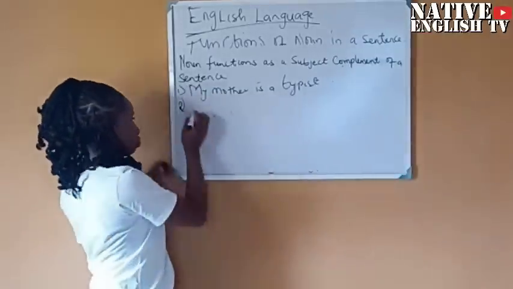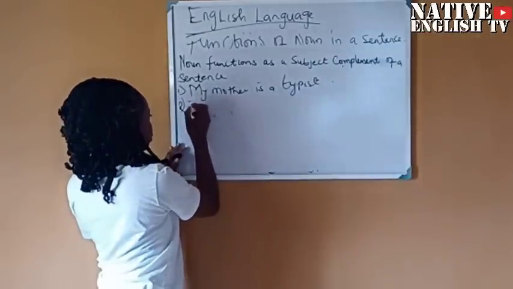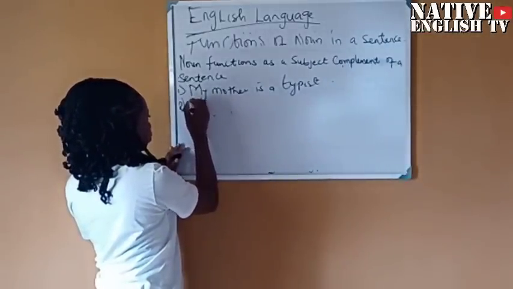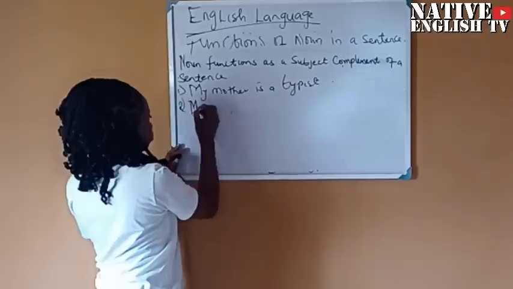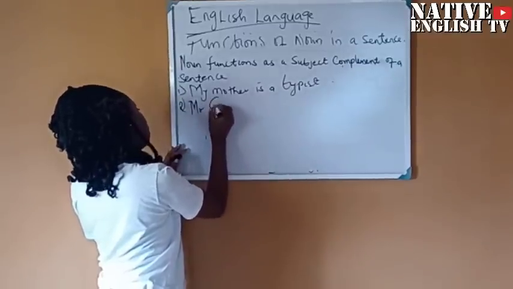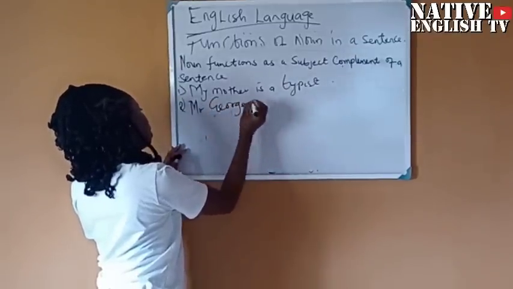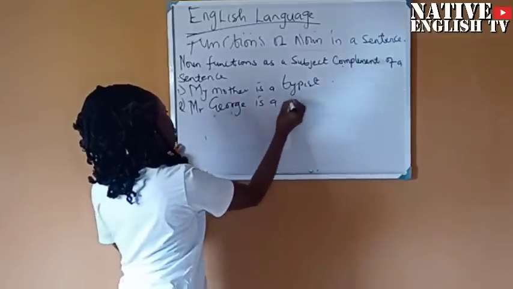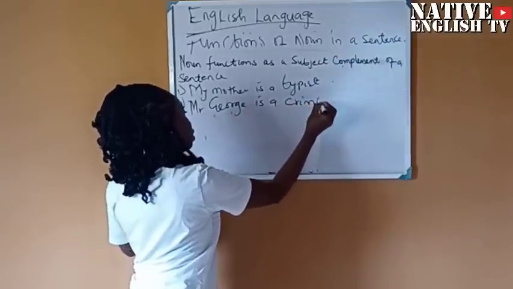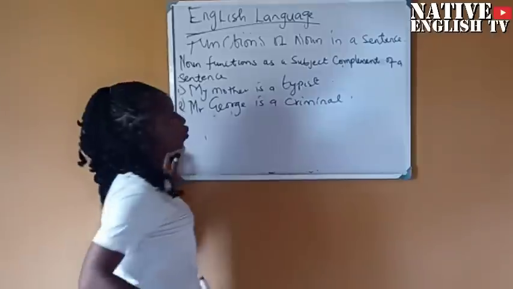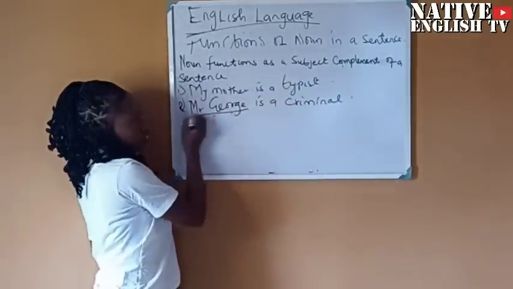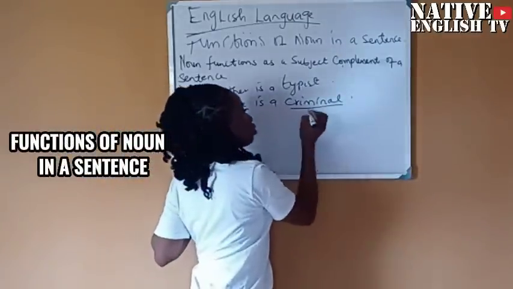Number two, Mr. Judge is a criminal. Who is a criminal? Mr. Judge. So criminal is the what?